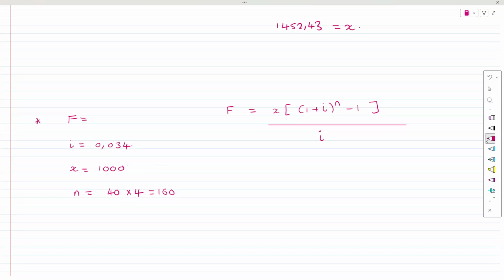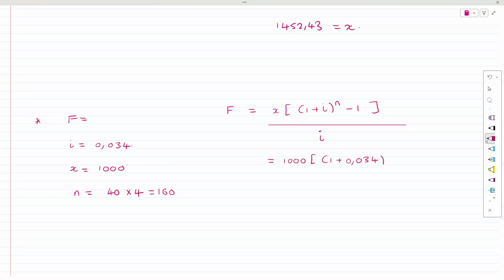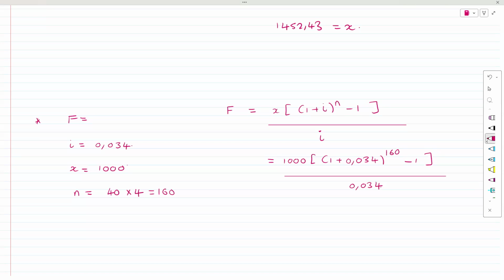Okay. If we substitute, this would be 1,000. This is a 1 plus I, which is 1 plus 0.034 to the power of n, which is 160 minus 1 all over I, which is 0.034.